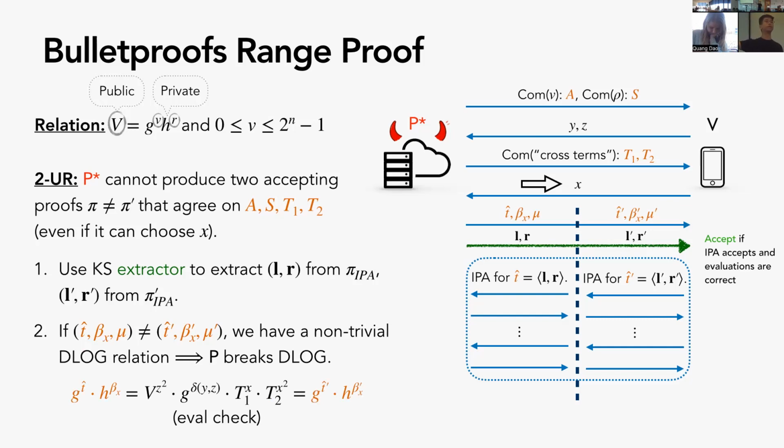These are the third round evaluations. And they're both equal to something that is fixed after the first 2 rounds. So the middle term here, you can see that once you fix X, even if the prover can choose any X that it likes, once you fix X, this quantity is fixed. And thereby we have a non-trivial discrete log relation.